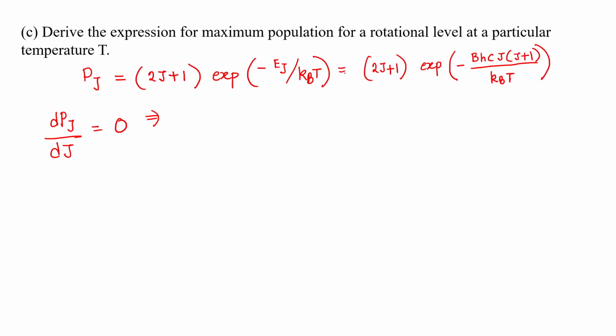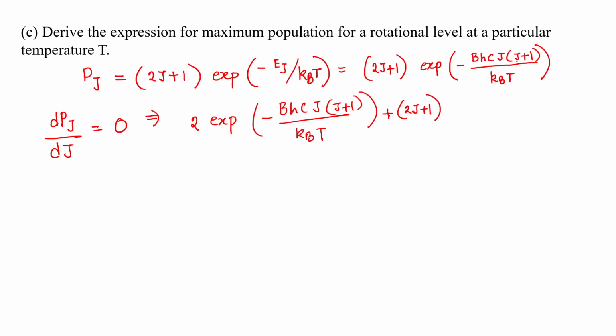So if I have to take the derivative, this is a product of u and v kind of thing, so I have to do a product rule. I take the derivative of 2J plus 1 once, keeping the other term constant, so the first term would be 2, keeping the exponential term constant. Then plus 2J plus 1 as constant, then the exponential of this term.